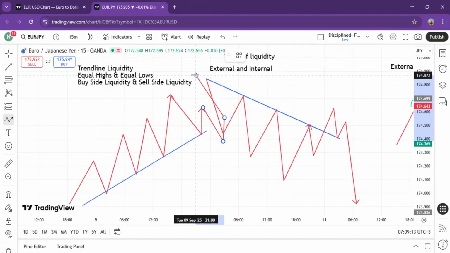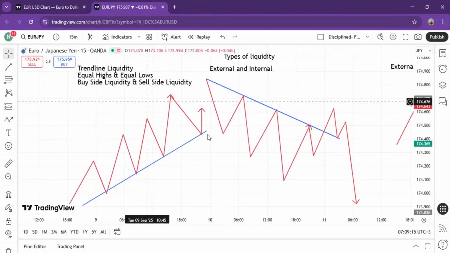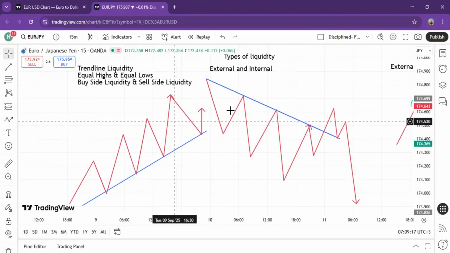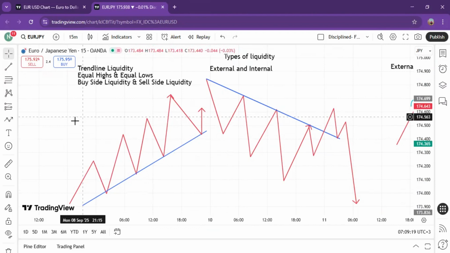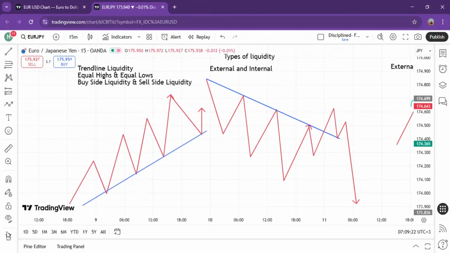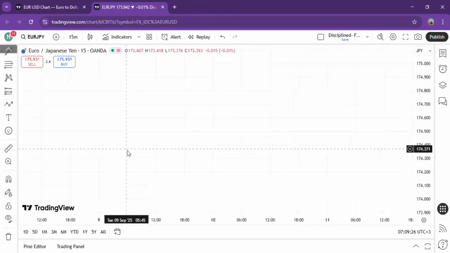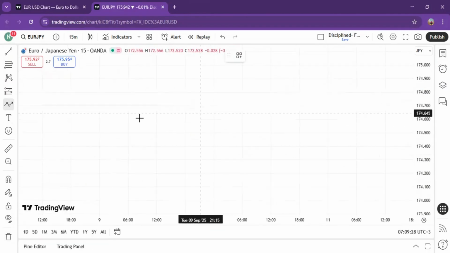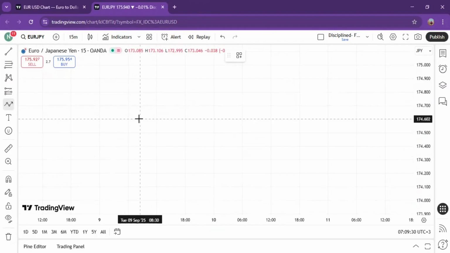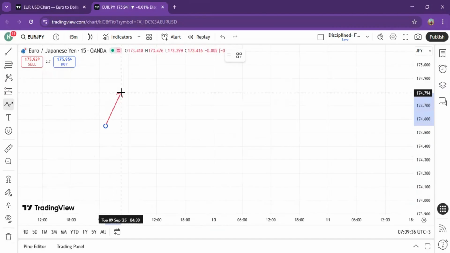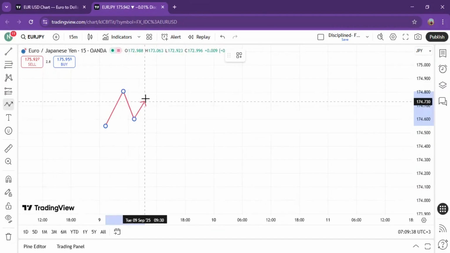So that is how we have these types of liquidity work out. Then we have the equal highs and equal lows. When the market is consolidating, in most cases, you find that the market is forming equal highs and equal lows.